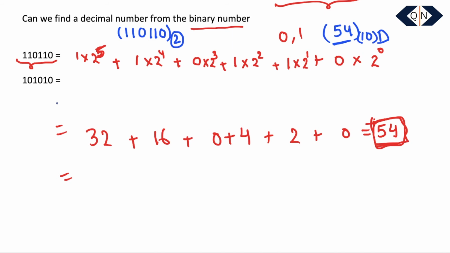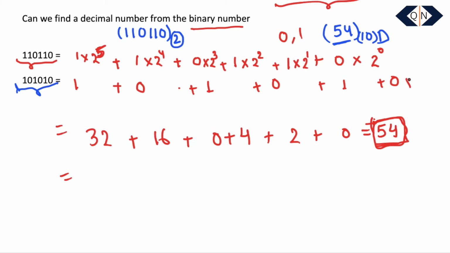So let's go further, and can you write the decimal number from this binary number? You can pause and try it by yourself, and then we can check it further. So if you have done it, let's try. Let me write this, plus before 1 0, then we will go for 1, then 0, then 1, then 0.